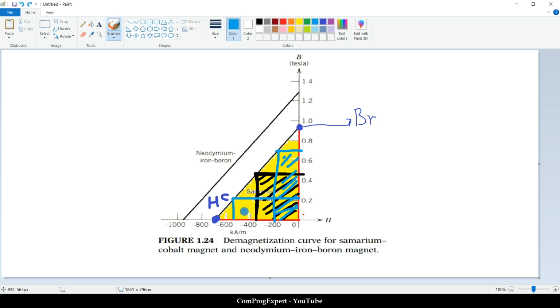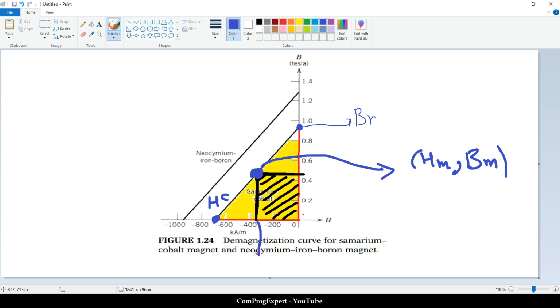So yes, this is the point corresponding to the maximum energy product. I will show you this also in MATLAB. So in this case, this will be the operating point. Yes, this is the point of Hm and Bm.